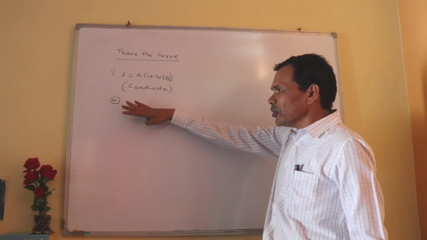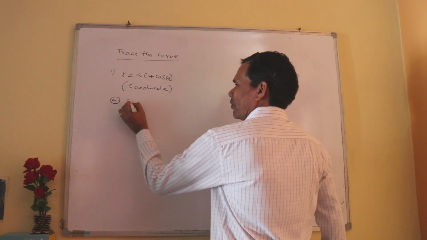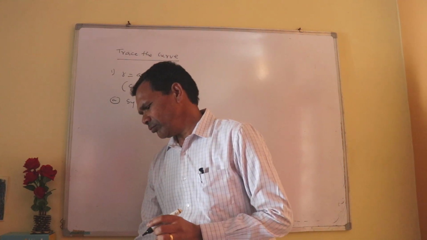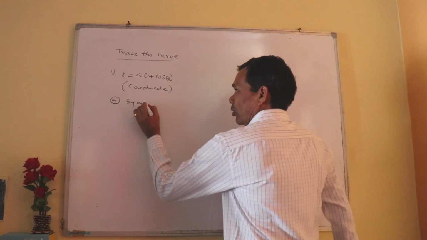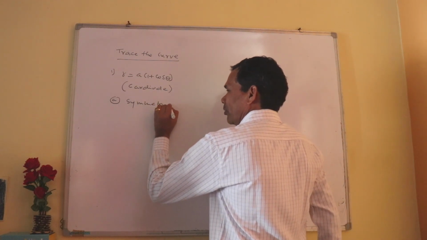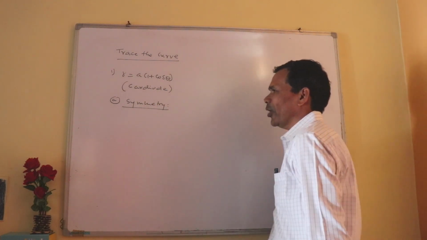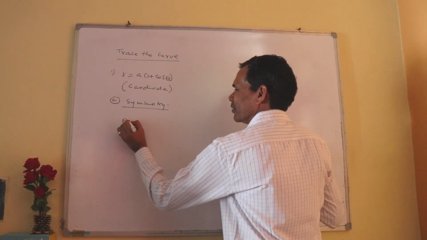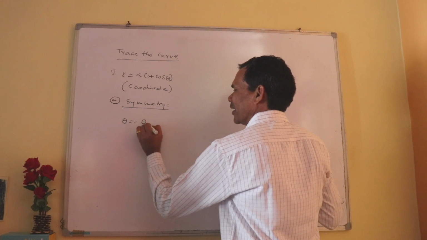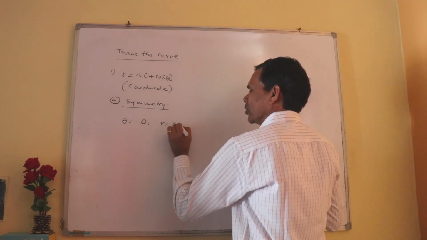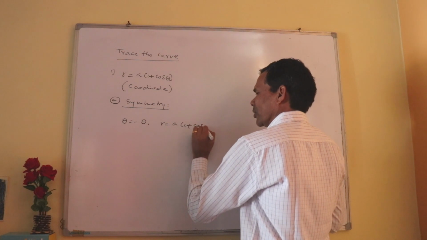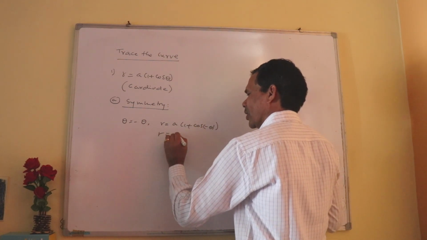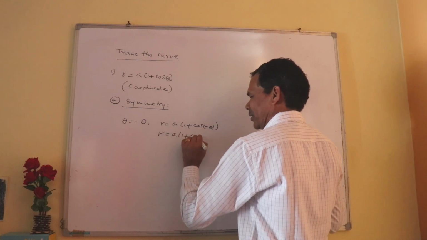Now the procedure, first point, is symmetry. Now if you observe, there are 3 points in the symmetry. If we put theta is equal to minus theta in the equation of the curve, r is equal to a(1 plus cos of minus theta), so the equation remains the same. So r is equal to a(1 plus cos theta).